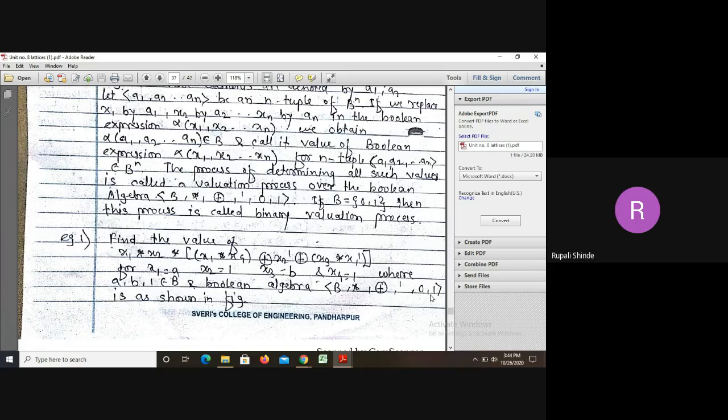So again we have seen what is Boolean algebra, what are the operations associated with it. Can anybody tell me why we have written here B as Boolean algebra? B for Boolean algebra. And what are these three? Star, XOR and complement.